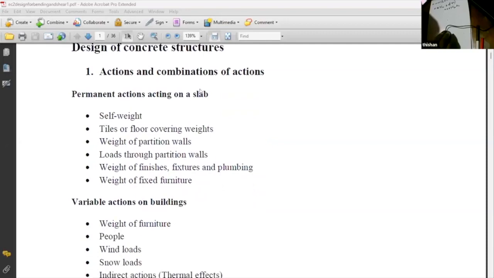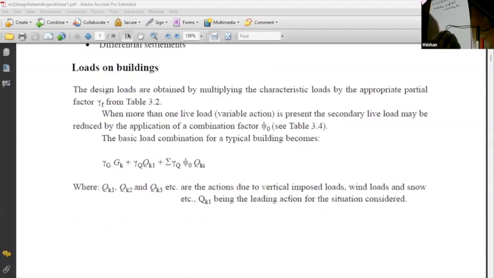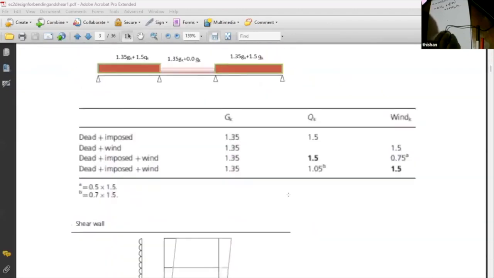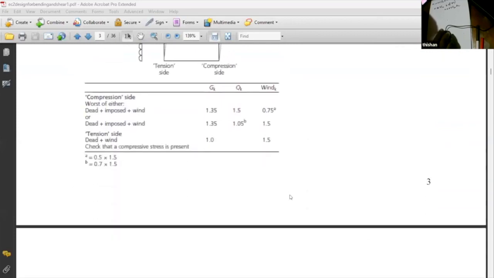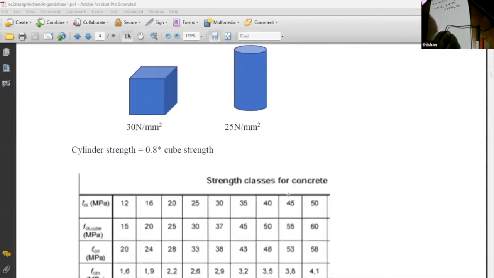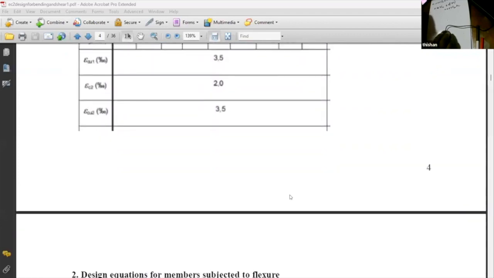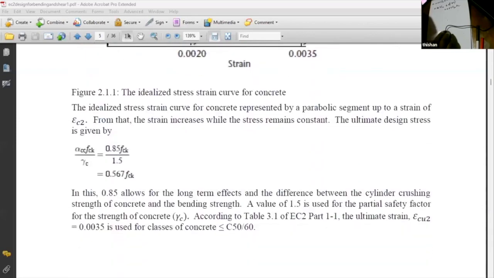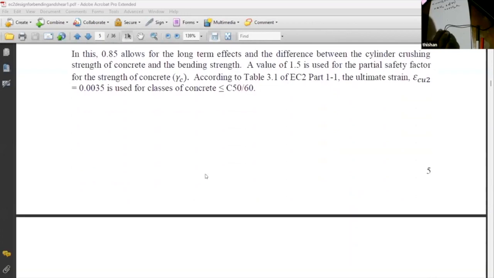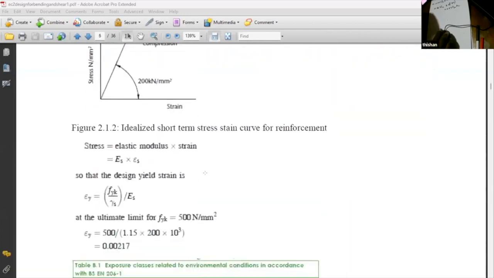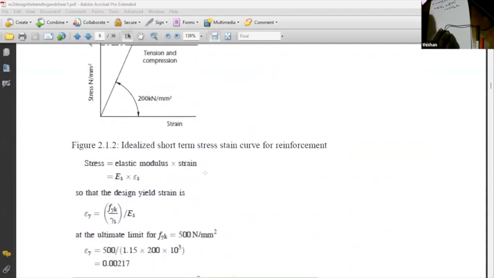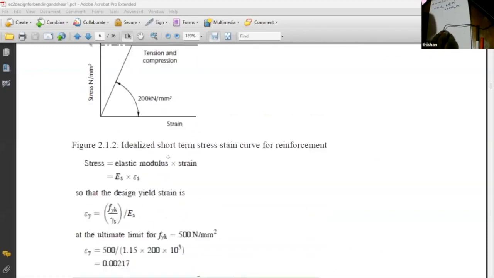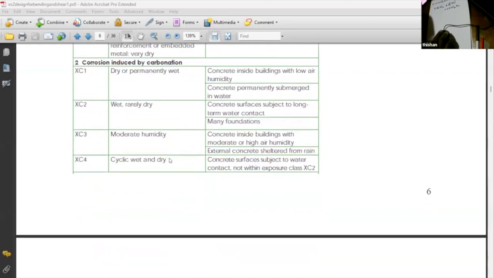So this is the note, and we have already discussed these basic things: how we create pattern loading, the kind of pattern loading that we need in concrete design, the properties of concrete, and the stress strain curve, and this 0.567 FCK, and then steel properties, and why you get 0.00217 here, and then the cover requirements.